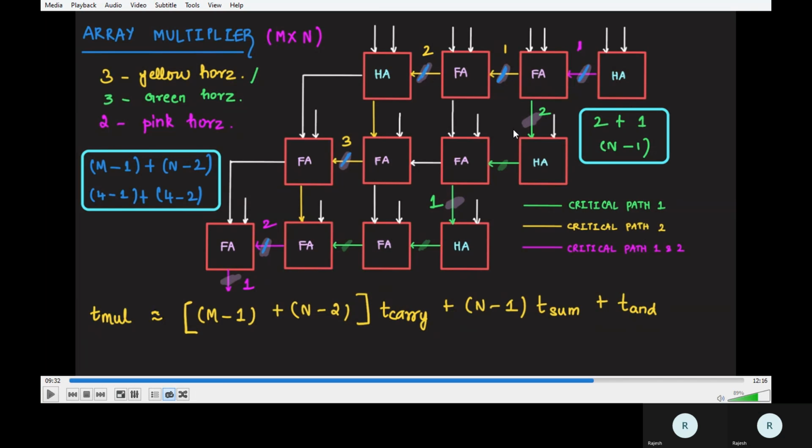So here, this is 1, 2, 3. This is one critical path. Here is 1, 2, 3. The number of paths, so that is m minus 1.